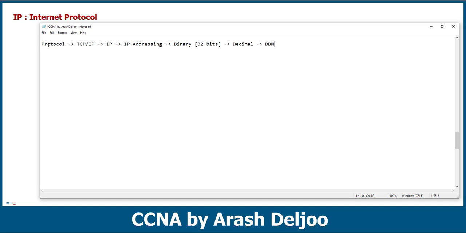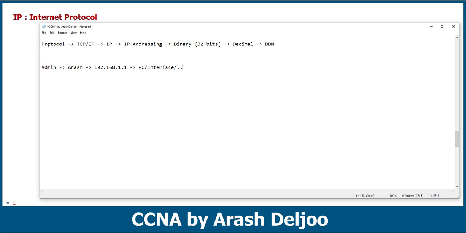In most cases, we use DDN when we are assigning an IP address to a PC. For example, in this course, you will see that in some cases an administrator, for example me, will configure the IP address 192.168.1.101 on one PC, or one interface on, for example, a router or switch or some other devices.